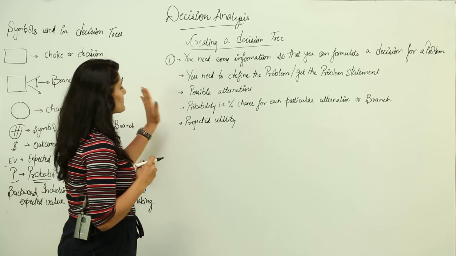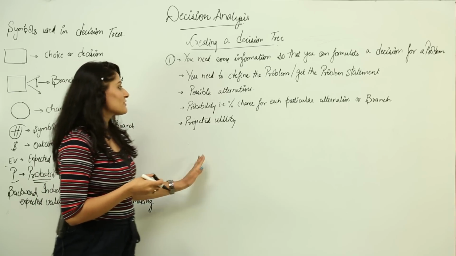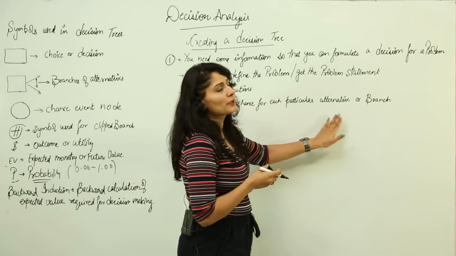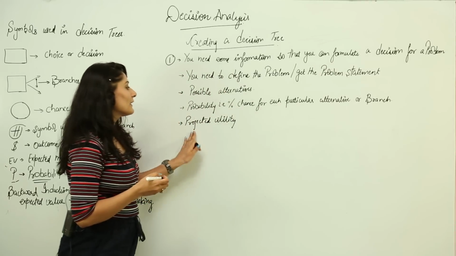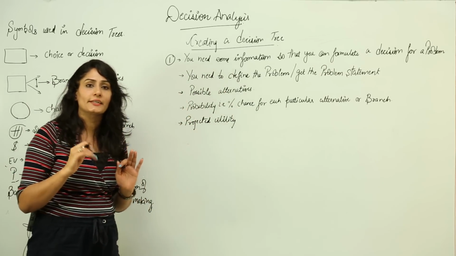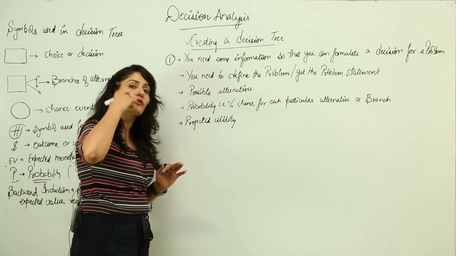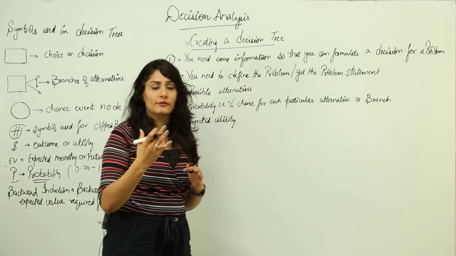And then you have to consider the probability. You need certain information of the probability, that is the percentage chance for each particular alternative or branch. So basically this probability and the projected utility. So you need to have information of the projected utility, that is basically the future value of any particular decision or alternative which you take, right.